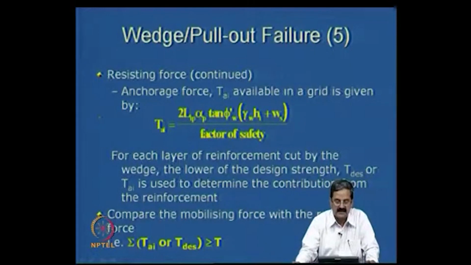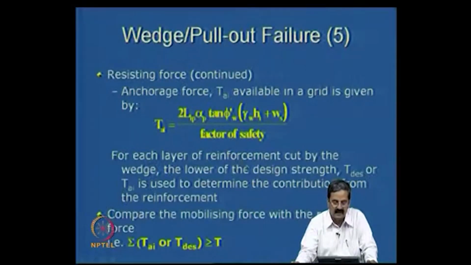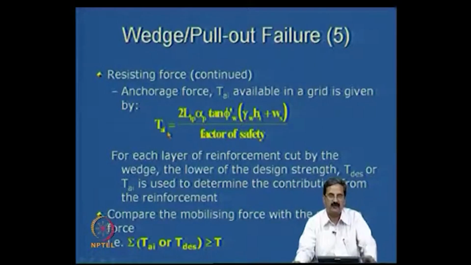Okay. This is another one that one can have, so what is the anchorage force you can develop is also given by the length that you have, which is called the anchorage length. That length at any point one can calculate, and that is given by this expression, and the anchorage force or the pull out resistance. There are 2 terms, one is the tensile force mobilized in the reinforcement.